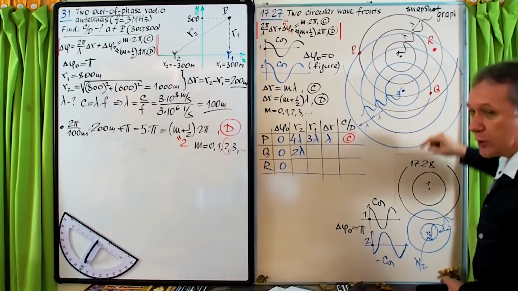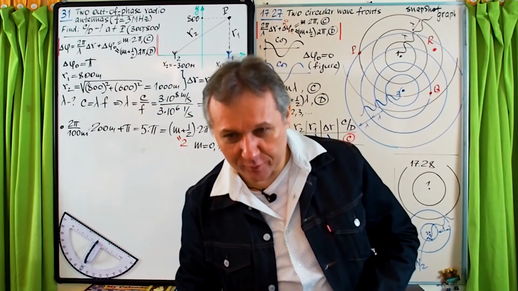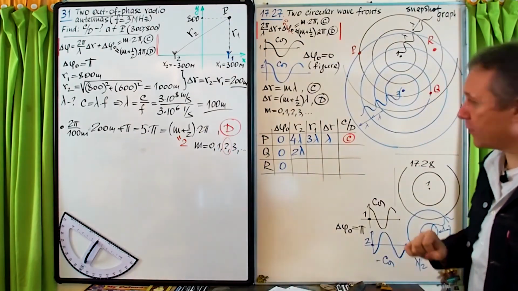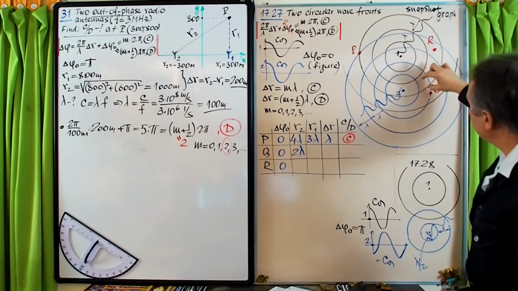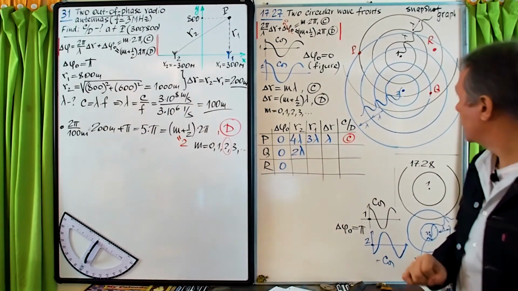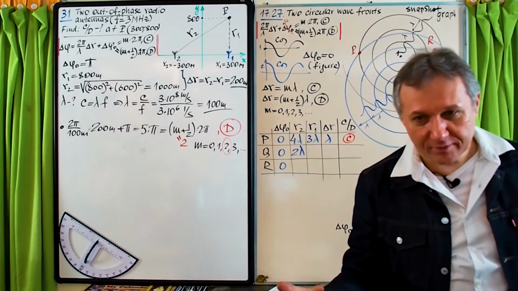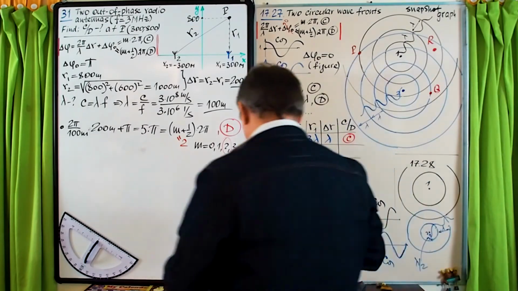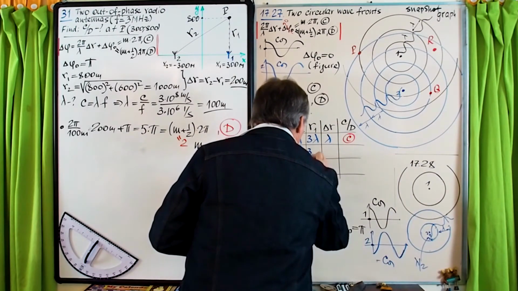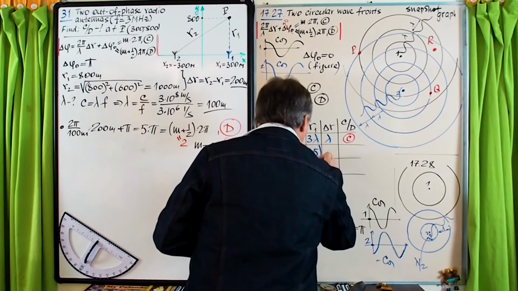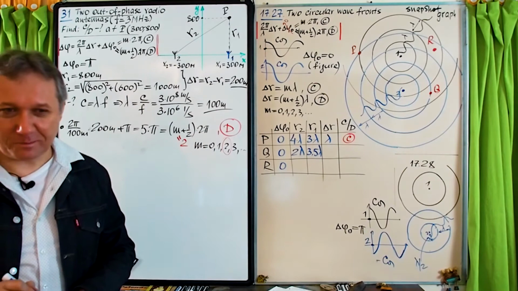Point Q is between black wavefronts, so it's 1 wavelength, 2, 3, and then half a wavelength. So it's 3.5 lambda.